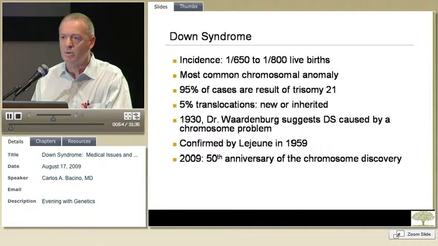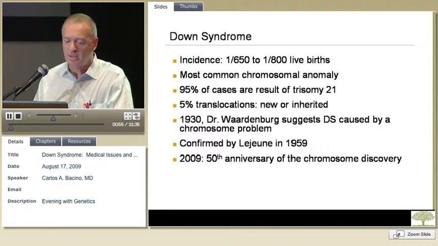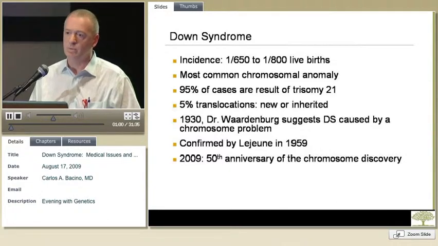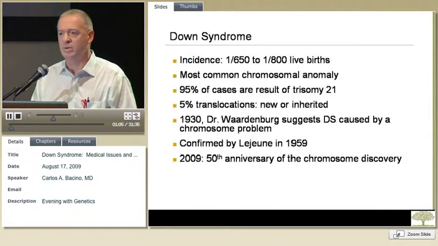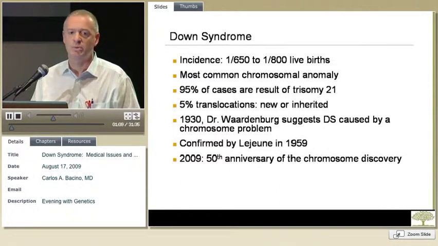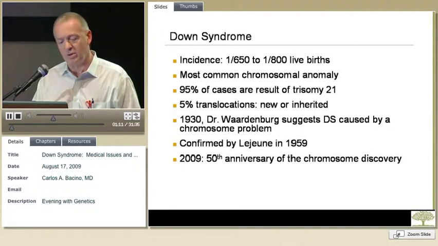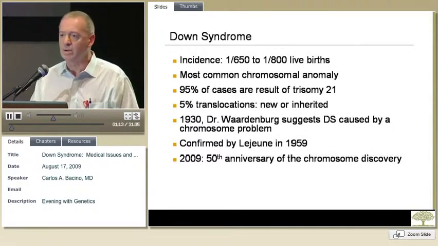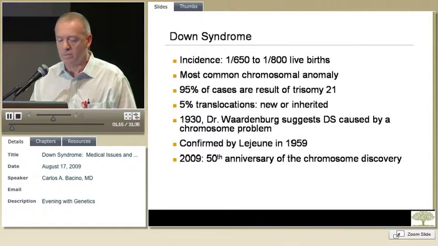So it is the most common chromosomal abnormality in humans, and most of them are caused by what is known as Trisomy 21, that you may have heard of many times because it's the most common cause for Down syndrome. So there is an extra chromosome 21 that causes the clinical problems associated with Down syndrome.